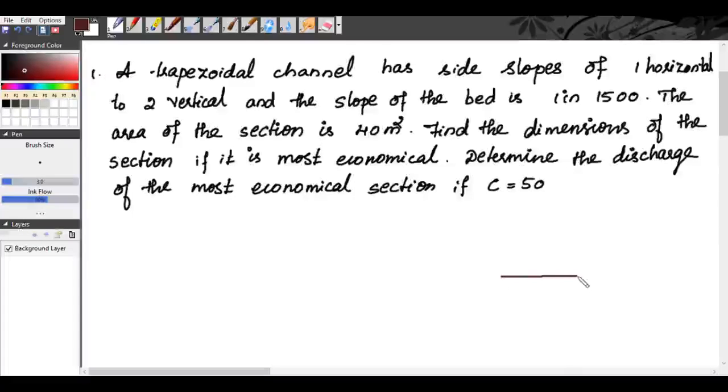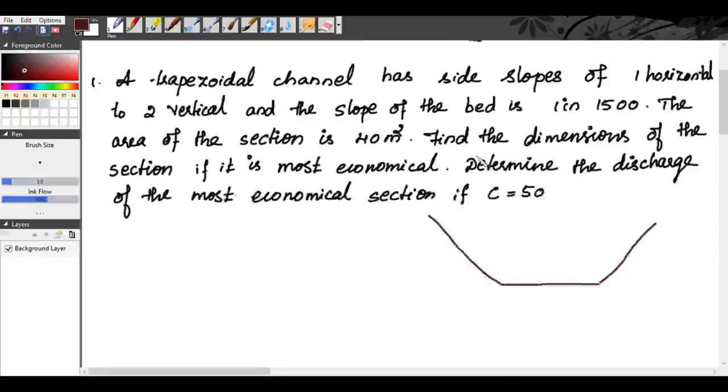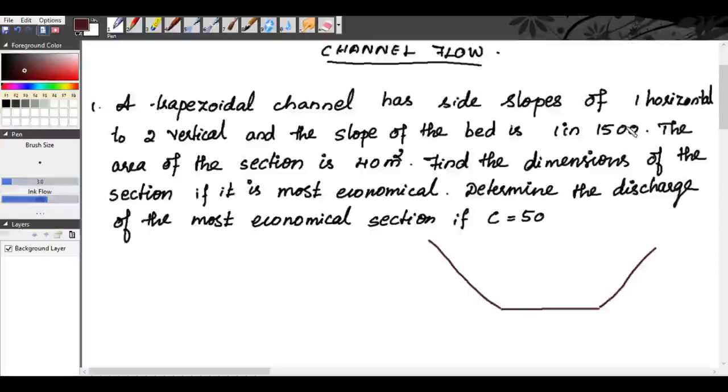It is given the side slope is 1 horizontal to 2 vertical, and the slope of the bed is 1 in 1500. So the channel's bed slope is 1 in 1500.